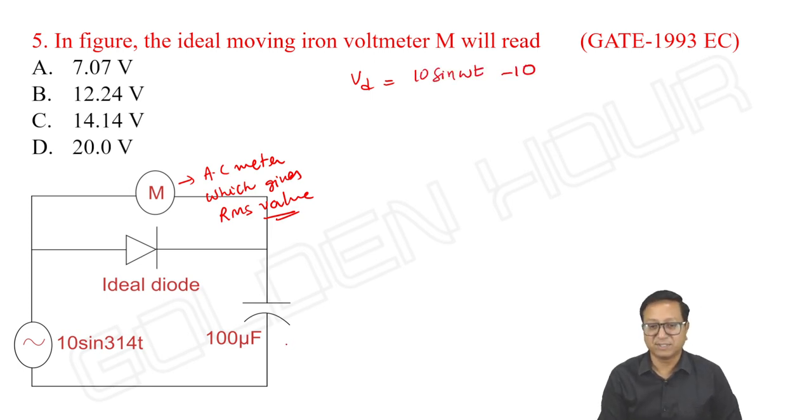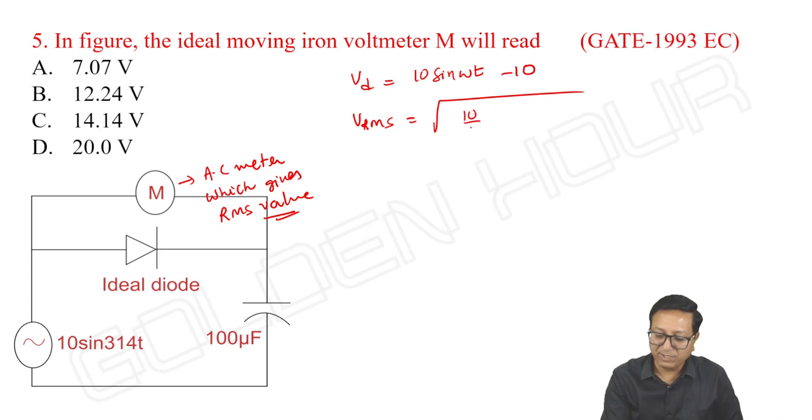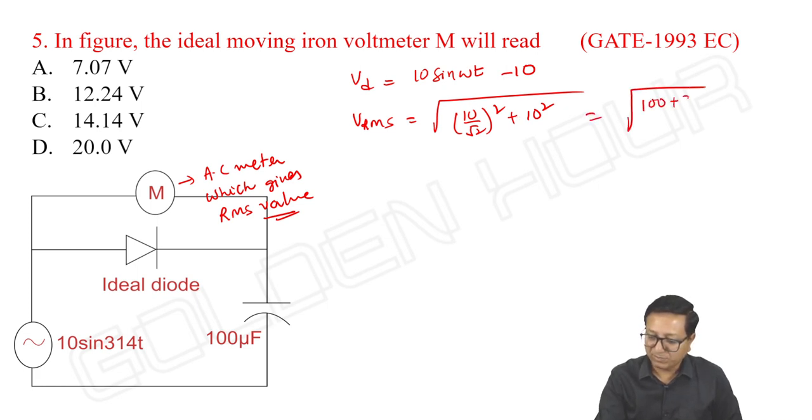We are well aware of it. Then what about its RMS value? It is equal to Vm by root 2 whole square plus VDC square. It is further written like 100 plus 300 by 2. Sorry, 100 plus 200 by 2.